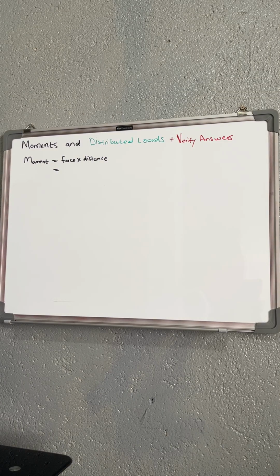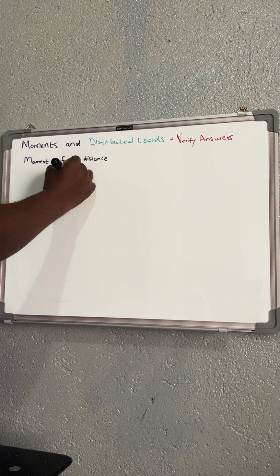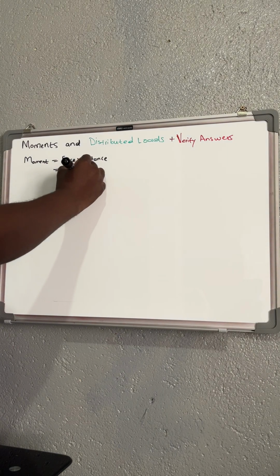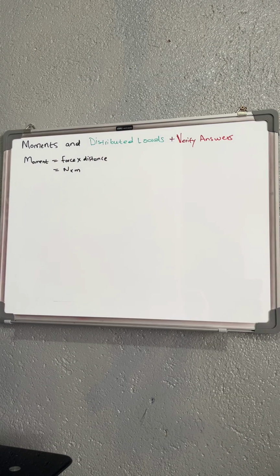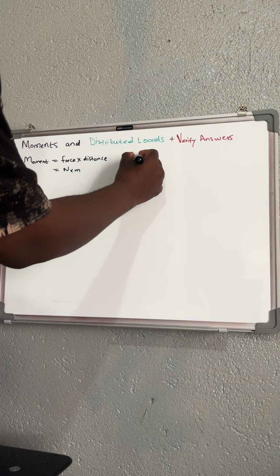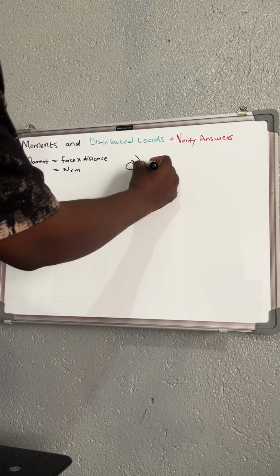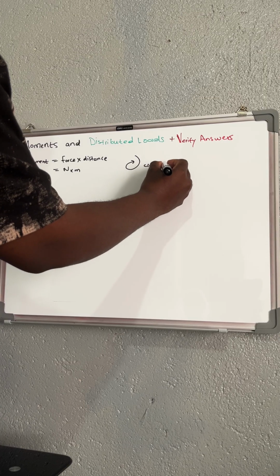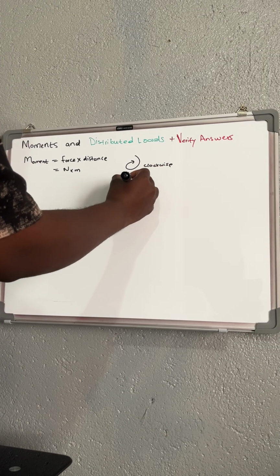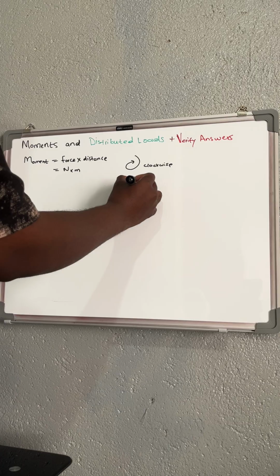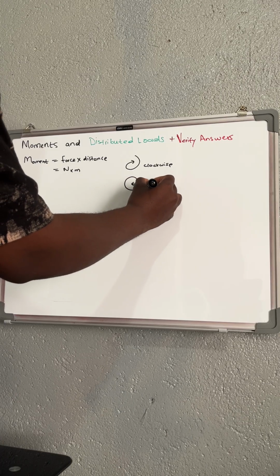Then how does that look? We know your force can be given in kilonewton or newton, but at most you have your newton, then you're going to multiply by the distance, which is in meters. So that's basically your moment. Your moment can either be calculated in the clockwise direction, or in the anti-clockwise direction.